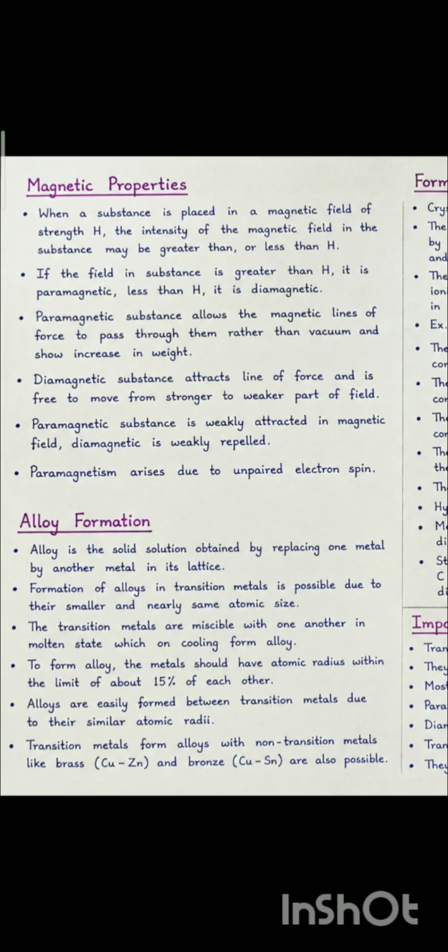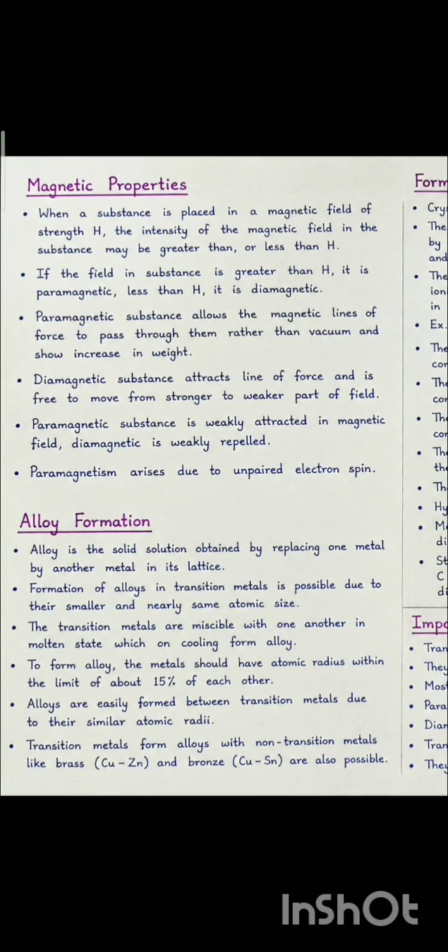Paramagnetism arises due to unpaired electron spin. Paramagnetic behavior is possible due to the presence of one or more singly filled atomic orbitals, whereas diamagnetic behavior is due to the presence of paired electrons. Diamagnetic materials tend to repel lines of force and align themselves perpendicular to the magnetic field.